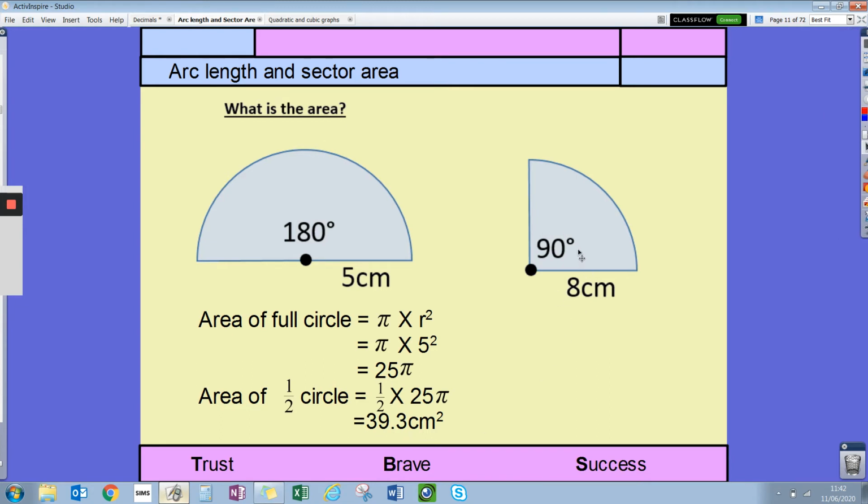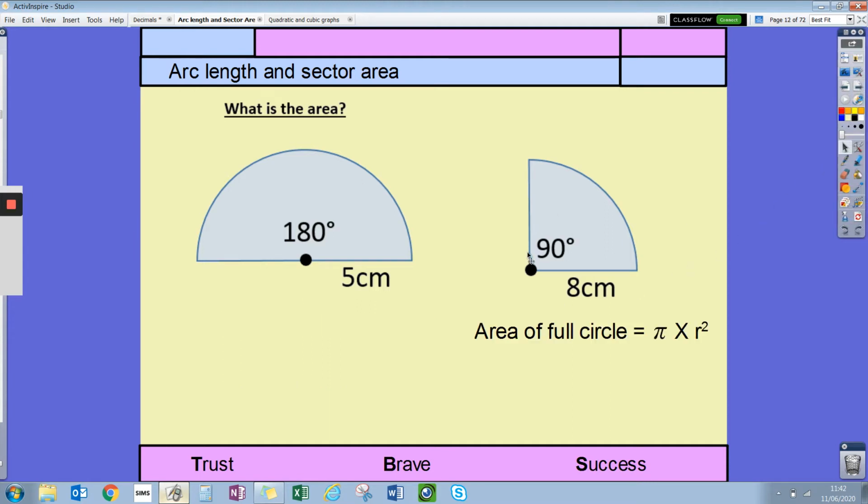If we look at the example on the right, we're going to do the same thing. We're going to find the area of the full circle and then the proportion of it. So the full circle here, we've got the radius being 8 centimetres, so we're going to swap that in. Pi times 8 squared, which is 64 pi. I'm not going to do anything with that, I haven't quite finished the example yet.